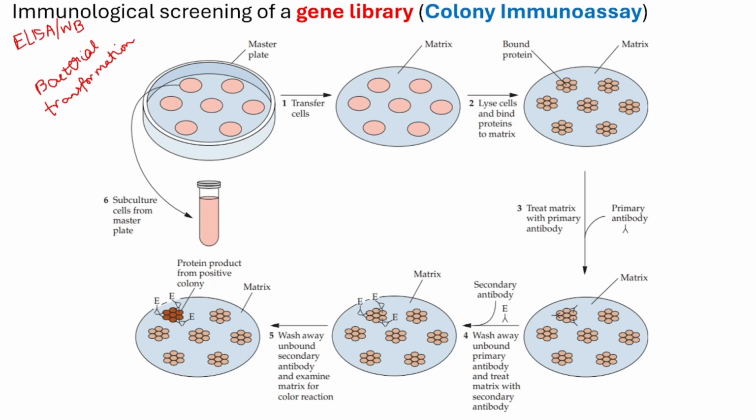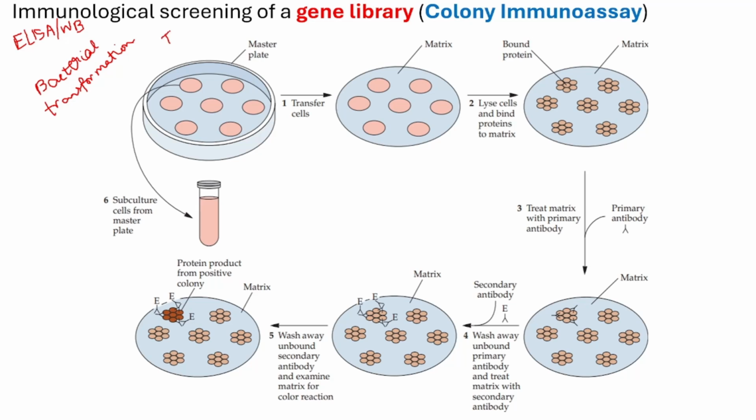Those bacterial cells which do not take up that foreign plasmid would not grow on that selective medium, so only the transformants will grow and the untransformed cells will die.